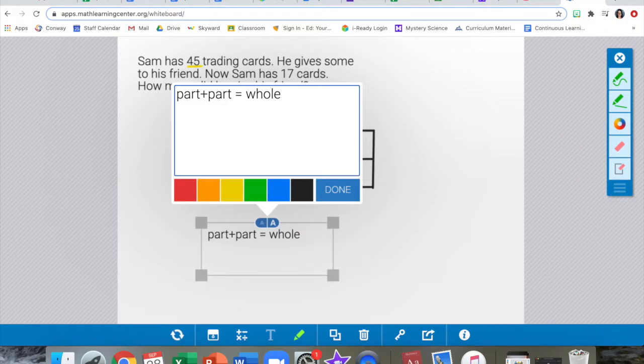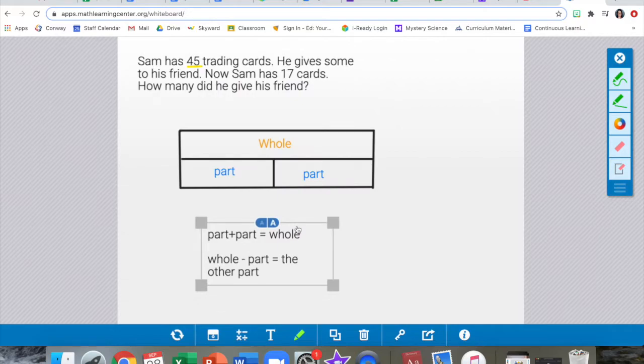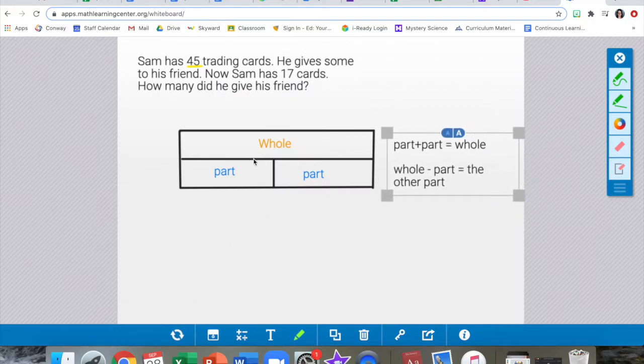If you did it as subtracting, you could have the whole minus one of the parts equals the other part. And you can see that in the chart. You could add both parts together and you would get the whole. And if you took the whole and you subtracted this part, all that would be left is the other part.